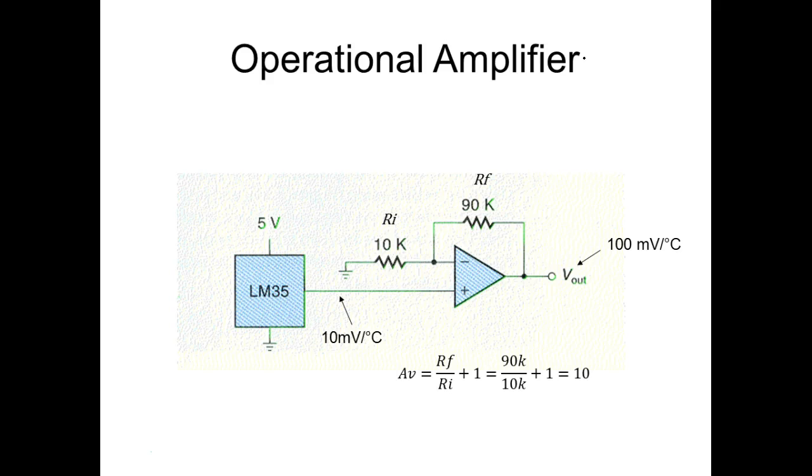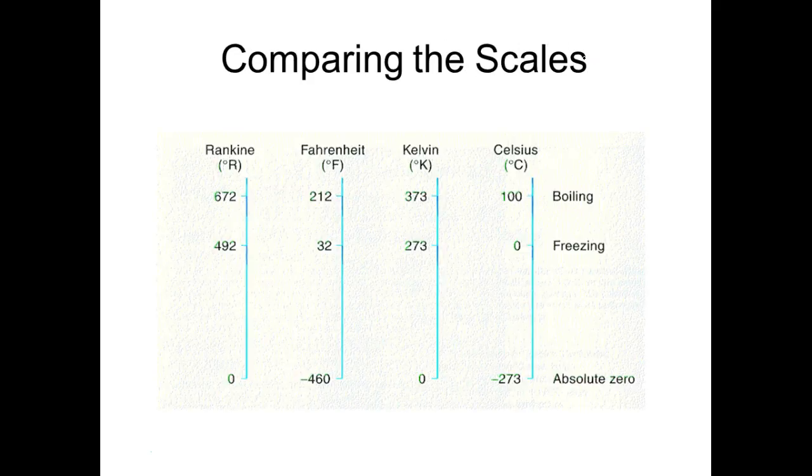So this is just a circuit. This is with the math in here. You don't need that. And this is comparing the different scales: the Fahrenheit scale, the Rankine scale, the Kelvin scale, and the Celsius scale. Are we okay? Rankine and Kelvin are used a lot in math about doing different things. Normally we deal with these two scales right here.